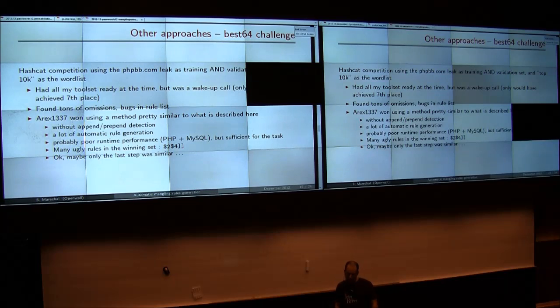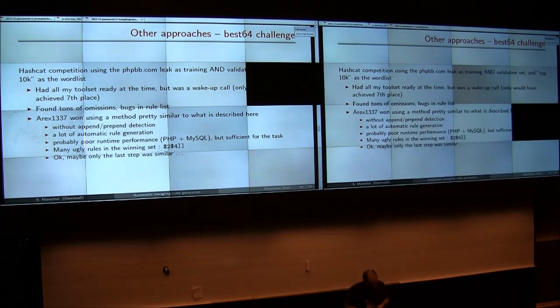What it did was pretty similar to what is described here, except it did not do appending and prepending discovery, which means that it just had the rules already baked with the append and prepend. It had a lot of rules that were automatically generated.